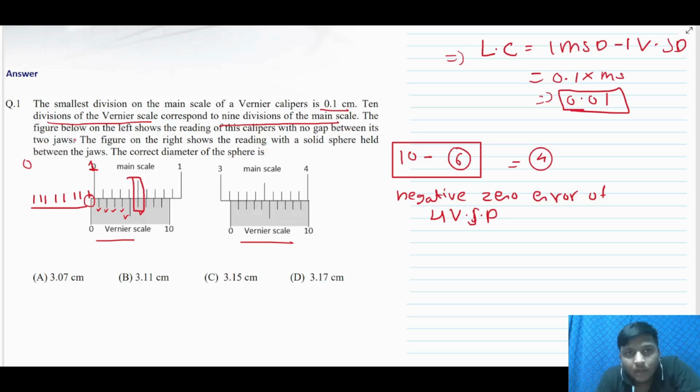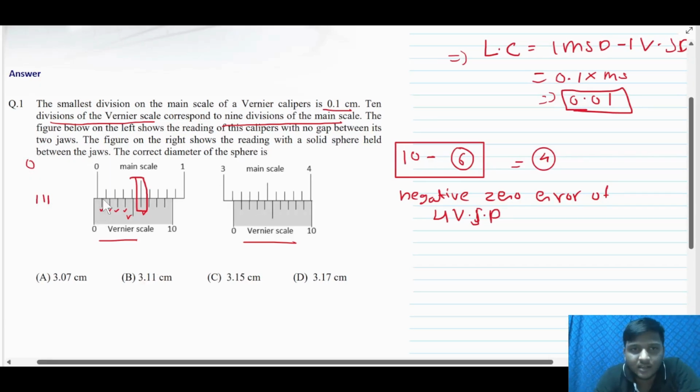If we draw a 0 backward to our main scale, it will show that the fourth reading of the Vernier scale is matching with the main scale. It would then be a plus 4 zero error, but as we can't go back in our original scale, we have to use this concept of negative zero error. You just focus on these things and you'll catch it.